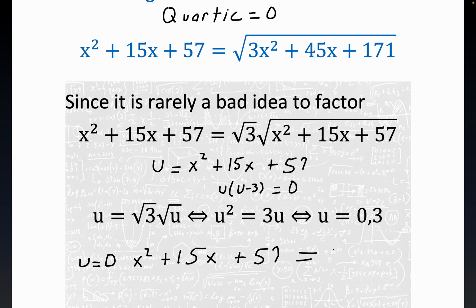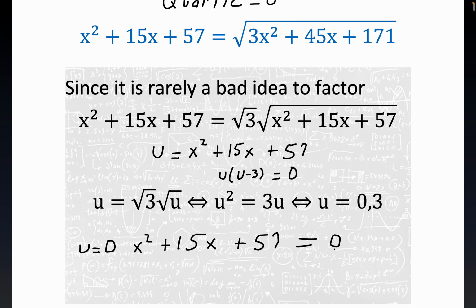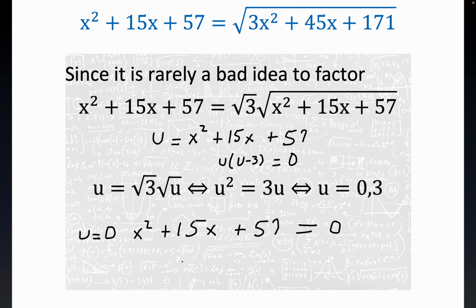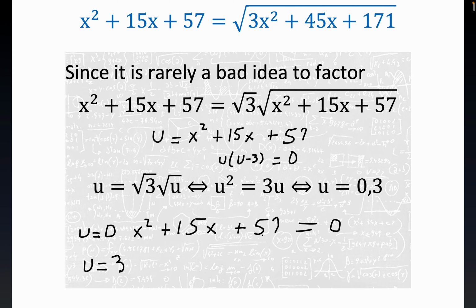Now, if u is equal to 3, we get something similar. I'll do one little computation in my head to save writing time. We would have x squared plus 15x plus 57 equal to 3, but that's the same thing as x squared plus 15x plus 54 equals 0.